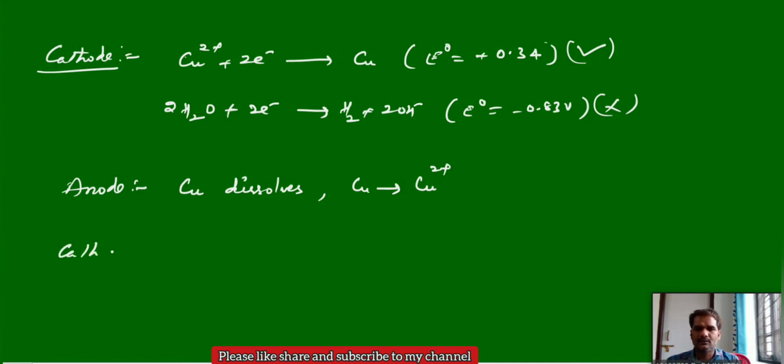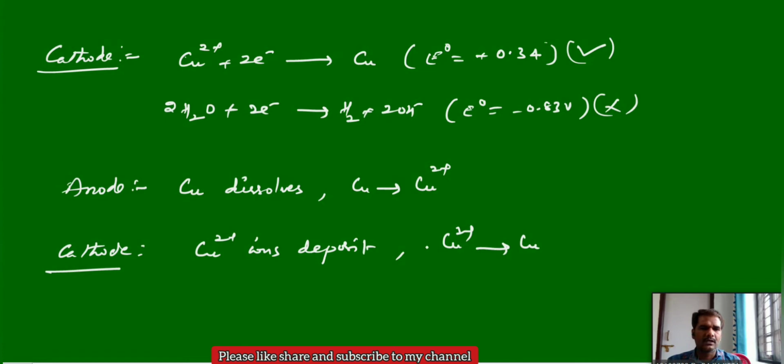And at the cathode, Cu2+ ions deposit. Means the liberated Cu2+ ions are converted to copper, Cu2+ to Cu. This type of chemical reaction can take place.